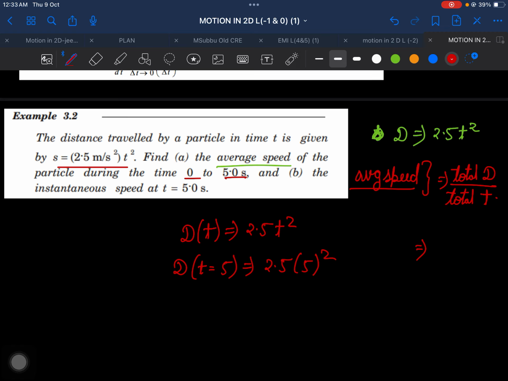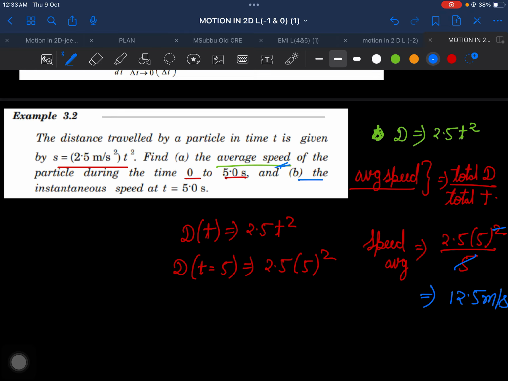It is 5. So average speed is equal to what? Total distance is 2.5 into 5 square, right? What is the time taken? So time taken is 5 seconds. That's it, right? Students, just check. So yeah, this is it. So 12.5 meter per second. Just think, everyone. All right, so this is your average speed, right?